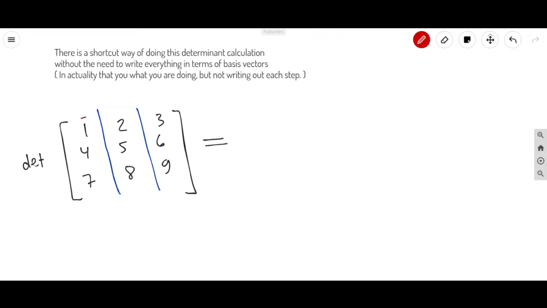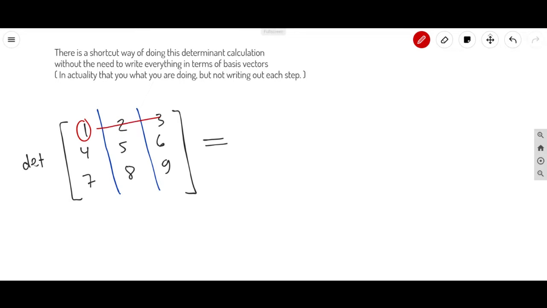So one way you can do it is you can select the number 1, 5, and 9. Because you see, if you select the number 1, you cannot select the number 2 again, because you have that repetition in the basis vectors, as we said. One of these three numbers will have to be chosen, and will have to be multiplied against one of those numbers. But it has to be a different basis vector. So if you select 1, you cannot select 2 again.